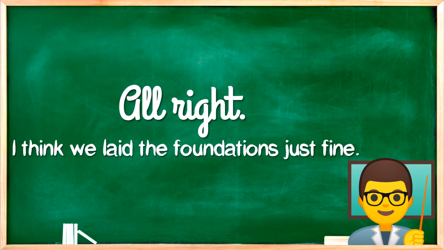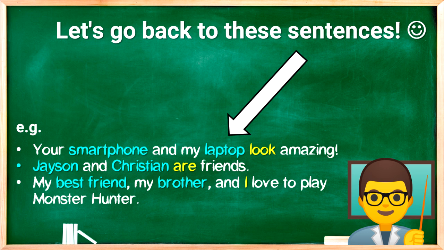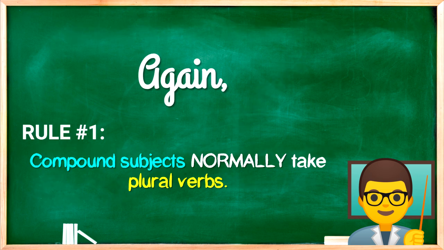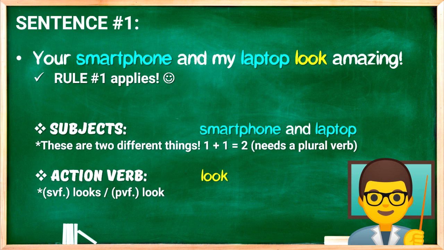Alright, I think we laid the foundations just fine. Let's go back to the sentences I previously mentioned to focus on rule number 1. Again, rule number 1 is compound subjects normally take plural verbs. Sentence number 1. Your smartphone and my laptop look amazing.